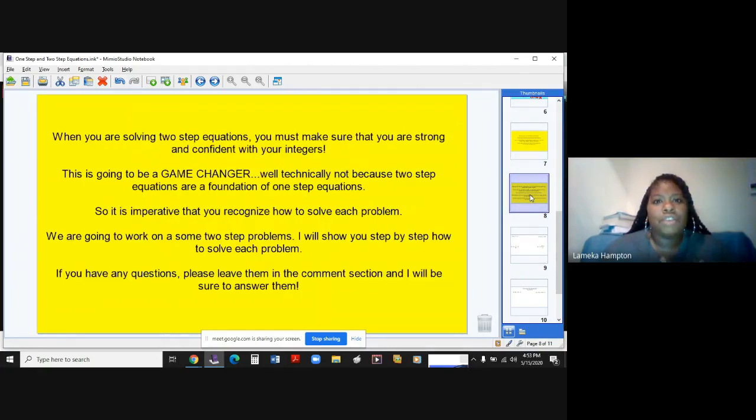When you are solving two-step equations, you must make sure that you are strong and confident with your integers. Remember, integers are only positive and negative numbers. So if you are not confident with adding, subtracting, multiplying, and or dividing integers, you may want to pump your brakes and drop down in the comments section to say, Ms. Hampton, aka my favorite nerdy educator, can you please do a video about integers?